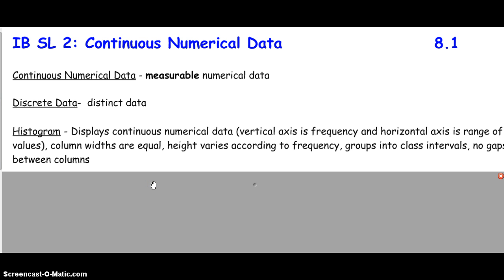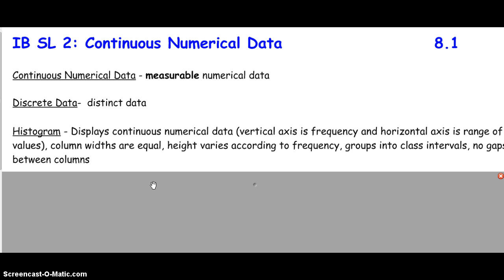We'll be learning how to use a histogram, where we display continuous numerical data. The vertical axis is going to be the frequency, and the horizontal axis is going to be the range of the values. All of our column widths will be equal with our histogram, and our height is going to vary according to the frequency.